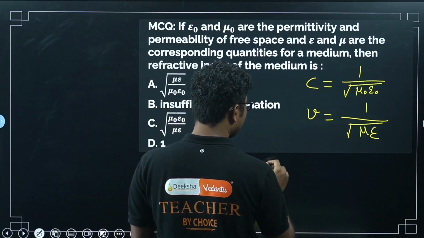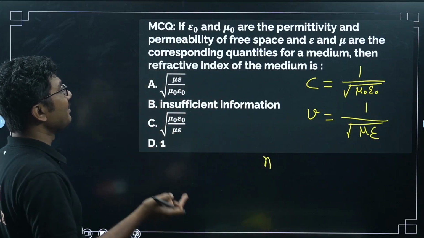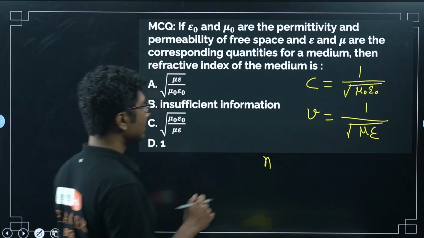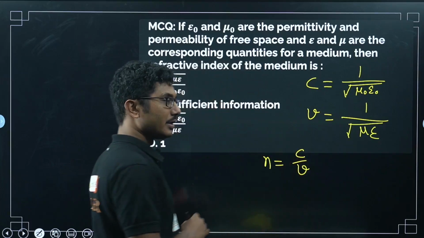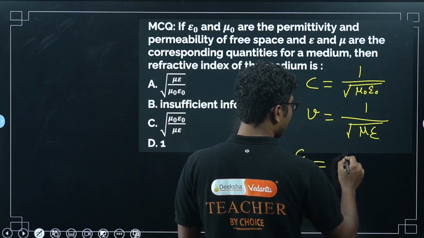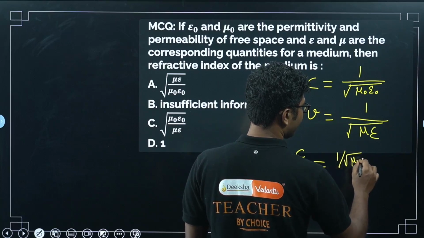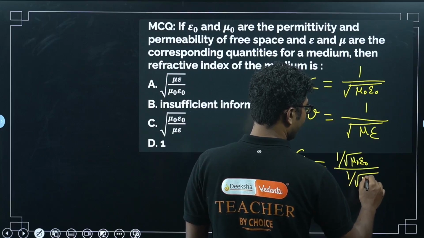So we can write that the refractive index of the medium is what? C by V, okay, the absolute refractive index, right? So we can write this as 1 by square root of mu naught epsilon naught divided by 1 by square root of mu epsilon.